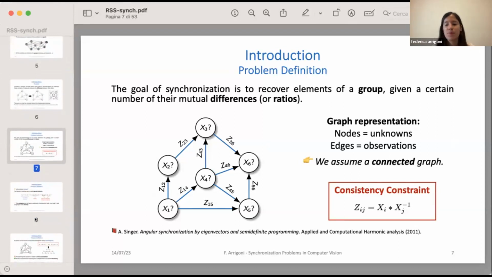We can represent this problem as a graph where edges correspond to the observations, and nodes correspond to the unknowns. And we always assume a connected graph. The link between unknowns and the measures is also called the consistency constraint, and basically it is the same as the definition of synchronization. Hence, we have that each measure defined on an edge is the ratio between the corresponding elements defined on the nodes.